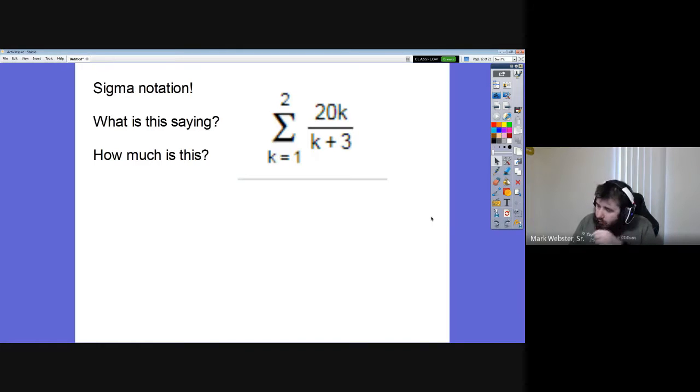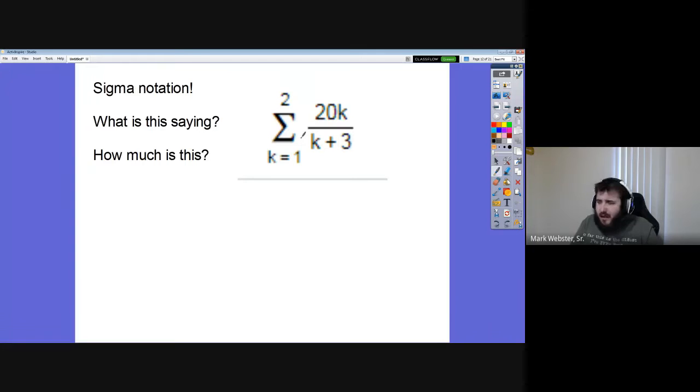So what is it that we're actually doing with this thing? Basically, we're adding up a bunch of terms. We're adding up all the terms from 1, in this case, to 2. So there's 2 terms, right? Term number 1, term number 2. And for term number 1, whenever you see a k, you put 1. For term number 2, wherever you see a k, you put a 2.